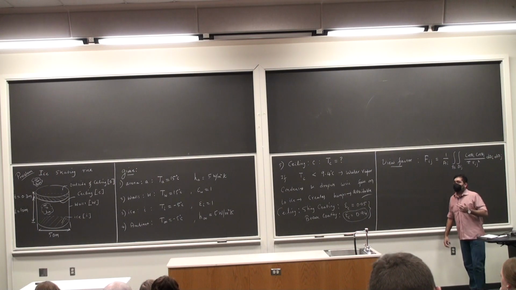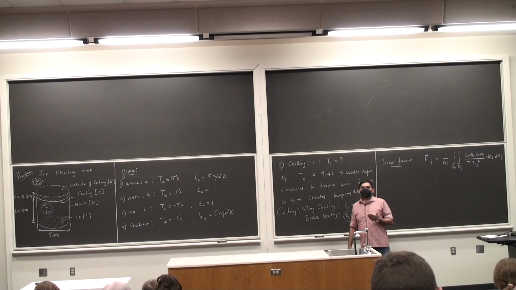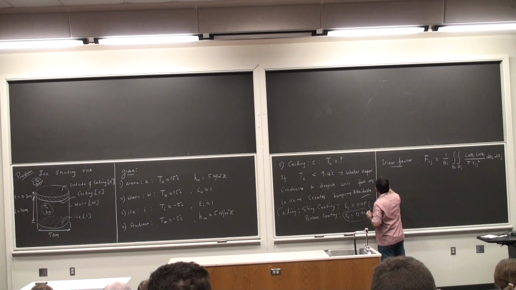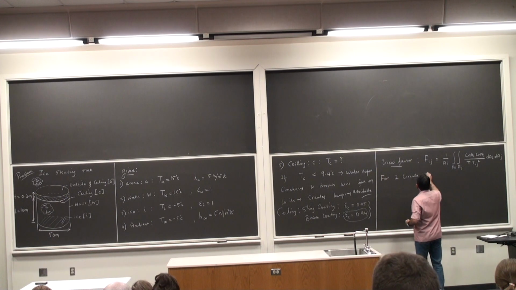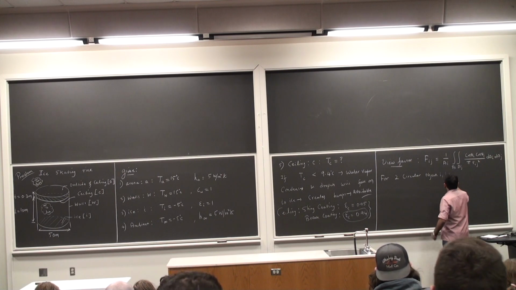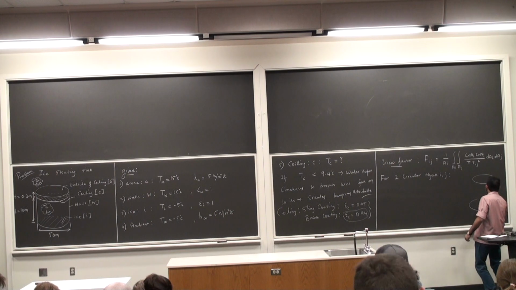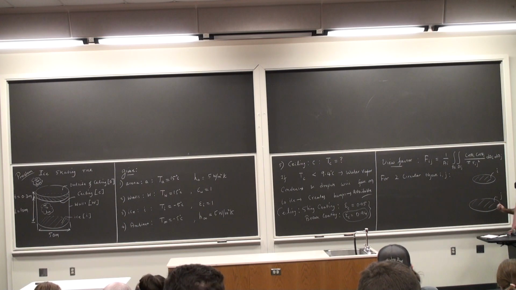So for 2 bodies that are circular surfaces interacting with each other, the view factor can be calculated as follows. Okay, so this is object I, this is object J. They are exchanging radiant energy between the two.